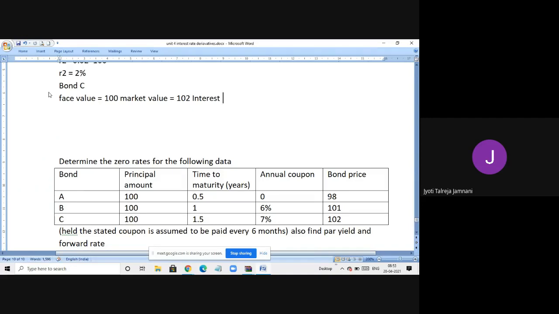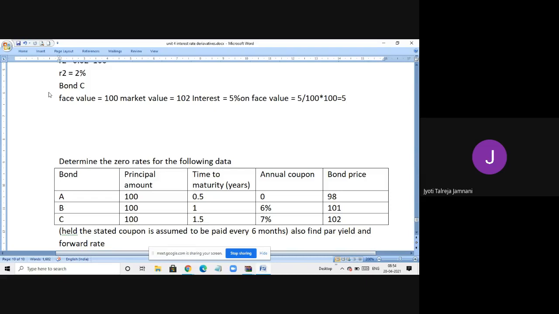Interest is 5% on the face value, which is equal to 5 rupees, since the face value is 100. Then they have said half the stated coupon has to be given every 6 months.